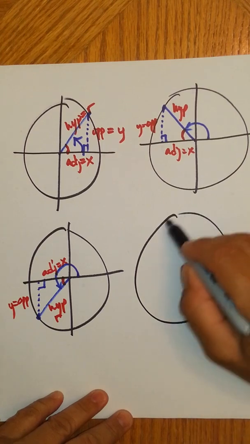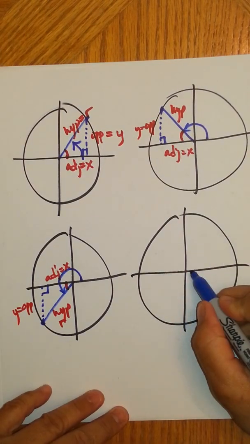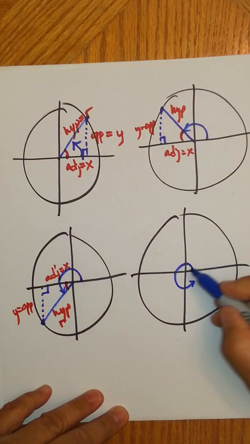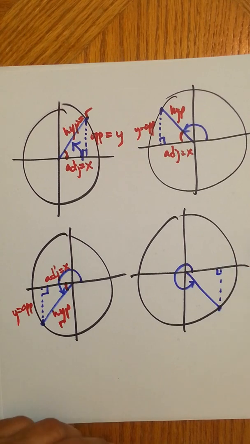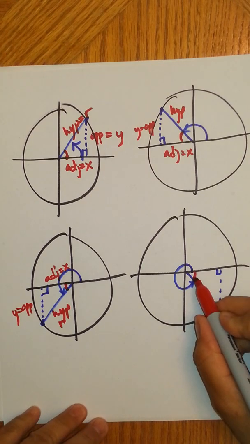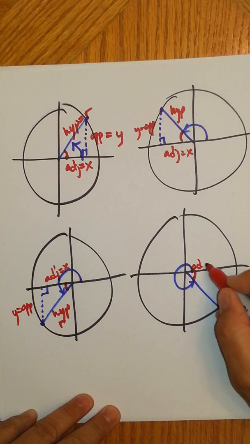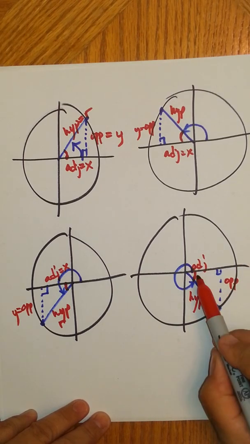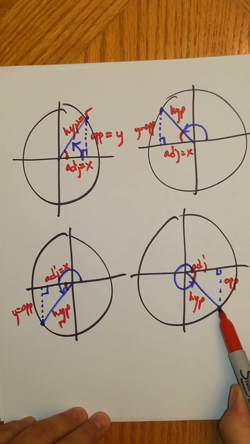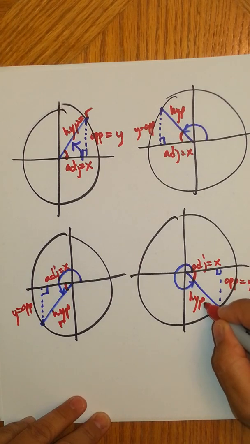The last check is here for the fourth quadrant. If I rotate all the way into the fourth quadrant like this, there's my angle. I drop a perpendicular to the x-axis, and then what I see is that this is my reference angle. Relative to the reference angle, this is opposite, adjacent, and hypotenuse. But I can also say that this point has the coordinates over x and down y, and the x is the adjacent, the opposite is the y, the hypotenuse is the r.